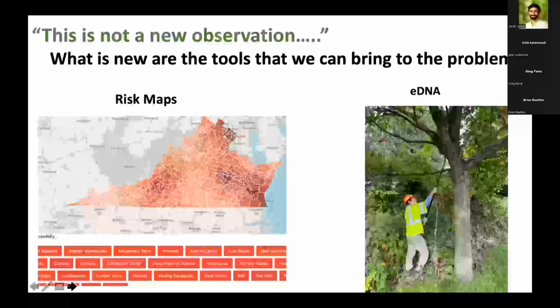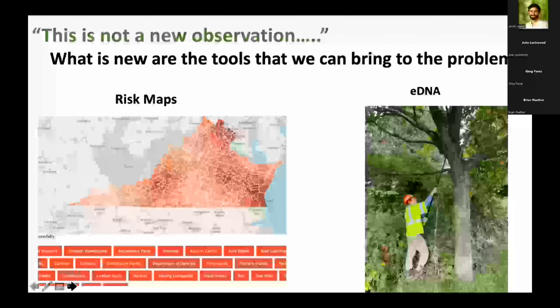I think the progression in risk maps for spotted lanternfly, but for a whole bunch of invasive species, has just gone through the roof with our ability to deal with large amounts of data, to make inferences from that data, and the availability of human transport vector data. It's really transformed our ability to map out what that risk looks like. And those are becoming increasingly common and very, very helpful.